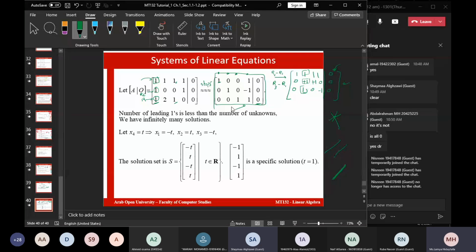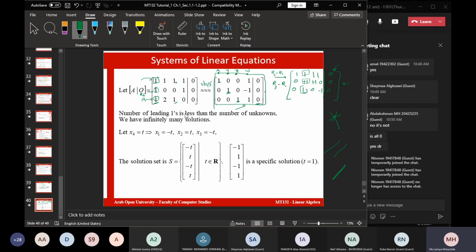Infinitely many solutions. Yes, exactly. Thank you. Infinitely many solutions, because the number of leading ones is 3 and the unknowns are 4, which we can call X, Y, Z, W. Correct? So I have infinitely many solutions.